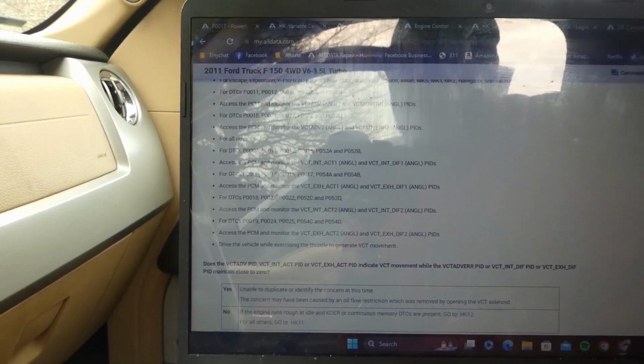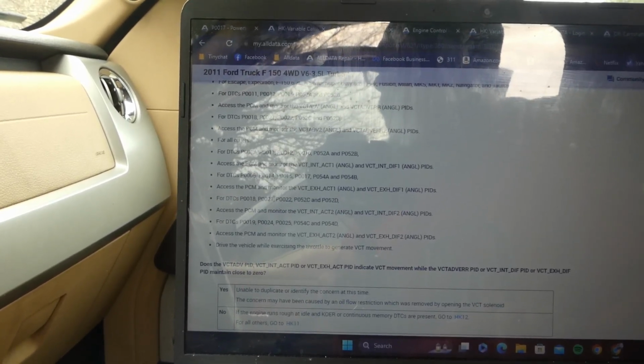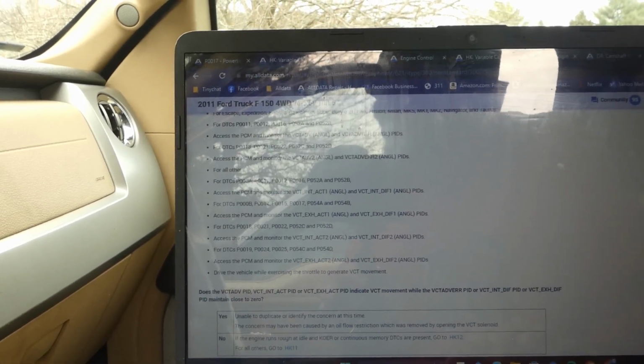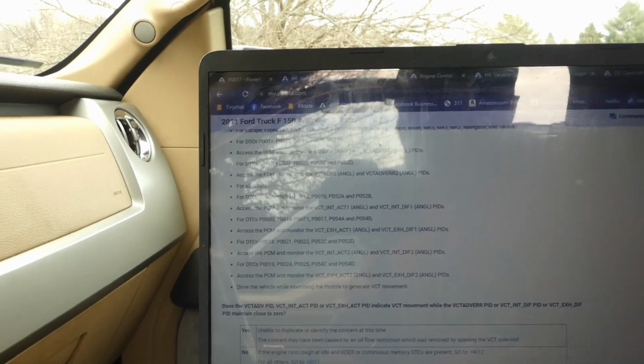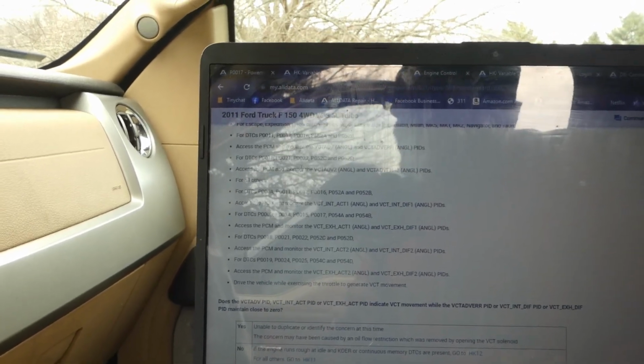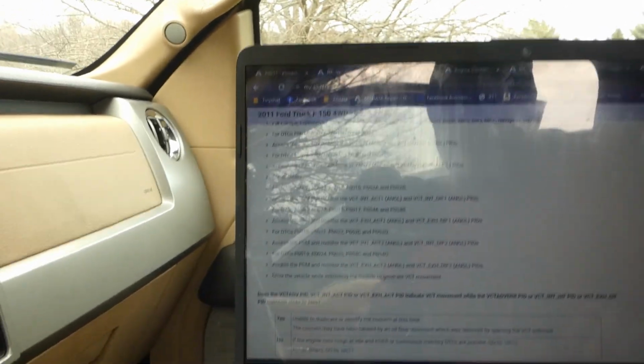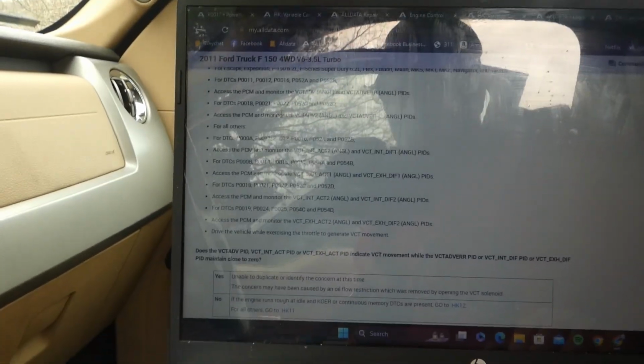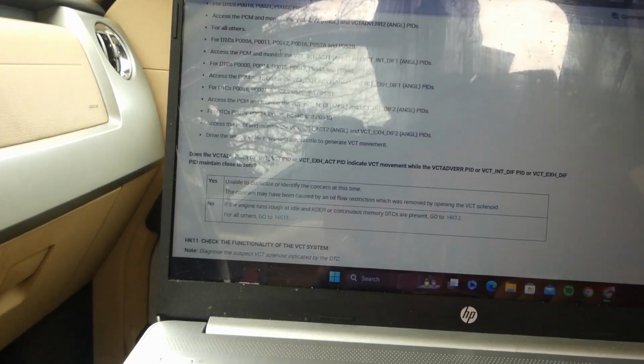I verified that the timing was off, reset the timing, that whole rigmarole, and it's been probably a couple months since I've even seen this truck, and the customer went to crank it up. It hasn't been driven. And now we have this code.